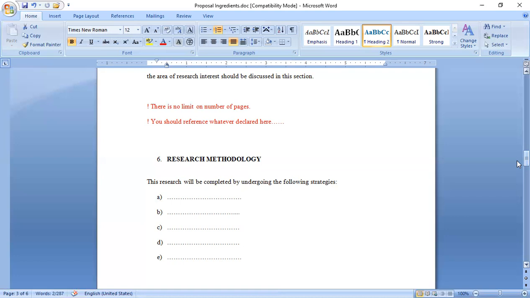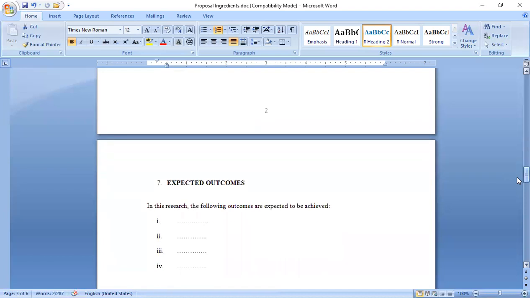If you're working on lab experimental results, the selection of your chemicals, your process, and your conditions can be part of your methodology. You should write your methodology in bulleted form so that any person can easily understand the tentative steps that need to be adopted for your research methodology.